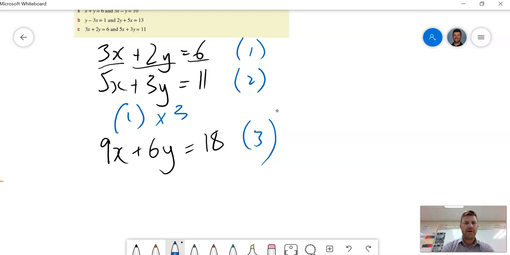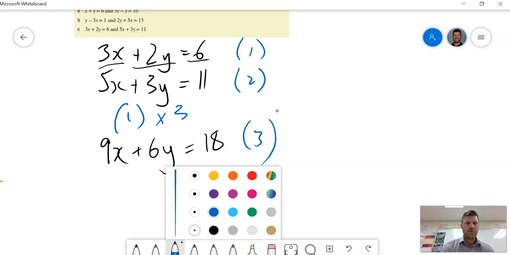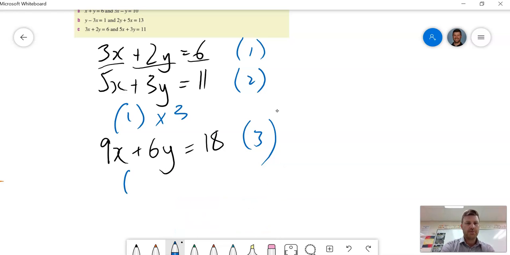I still don't have a matching pair there. So I'm going to multiply my equation 2 by 2 to see if I can come up with a matching pair. I've chosen these numbers because I know that these y values will then turn into a matching pair. That's specifically why I've chosen to multiply equation 1 by 3 and equation 2 by 2.